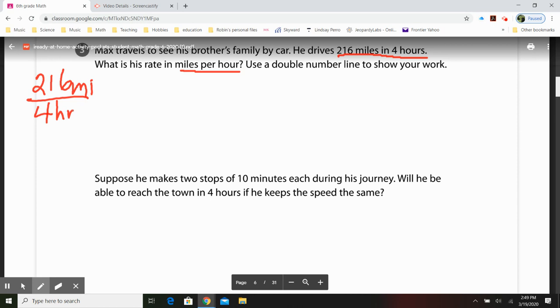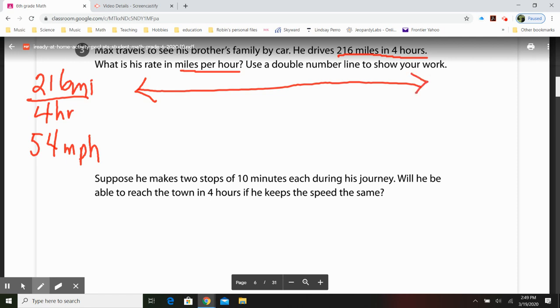Now, to find out how much that is per hour, you're just going to divide this. 216 divided by 4 is 54. So that's the first part of your answer, 54 miles per hour. Now, they're wanting you to use a double number line to show that. So on the top, I'm going to have miles. Start here with 0.